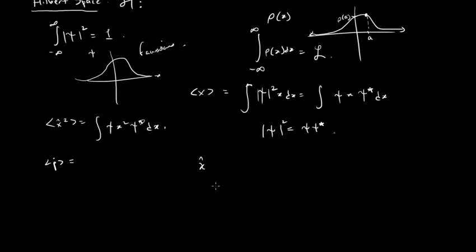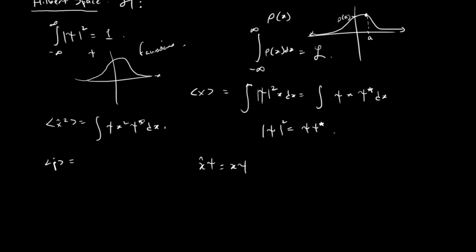We'll get into it later, but briefly, operators act on states, perhaps a state such as psi, to give you an eigenvalue, which we will also get into later, of x.